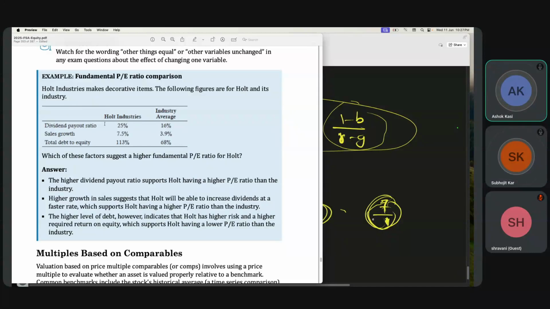That means they are paying more dividends in comparison to the industry, which is a plus point. Sales growth: the industry is growing at 3.9, whereas Holt is growing at 7.5%, which is also a plus point.